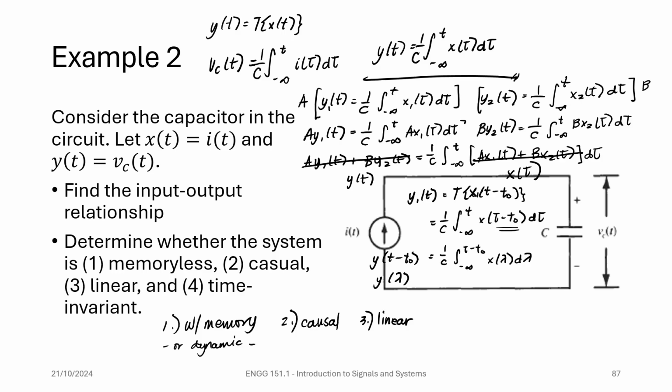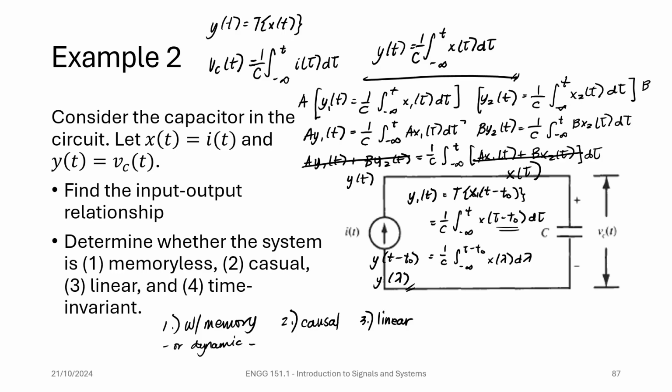No, so if that's the case, since our y1 of t is the same, hindi naman siya nagbago, same lang yung nasa loob nung nag-shift tayo from x of t to x of t minus t naught, ang nangyari sa output ay ganun lang rin naman.